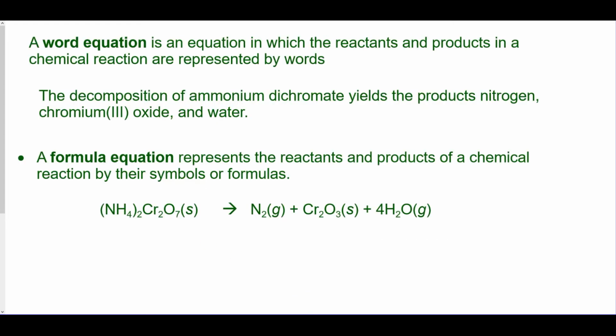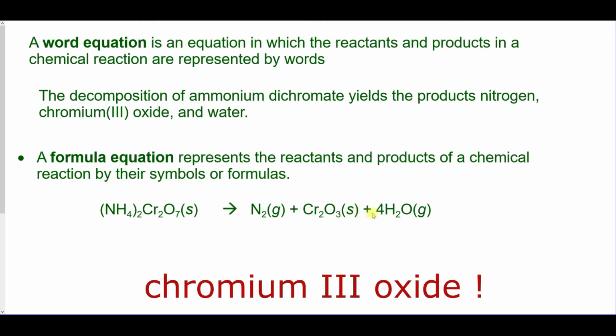We can look at a formula equation, where we write formulas, and then we have a reaction and we have new products. We can also do a word equation. And so this one is the decomposition of ammonium dichromate yields nitrogen gas, chromium(III) oxide solid, and gaseous water.